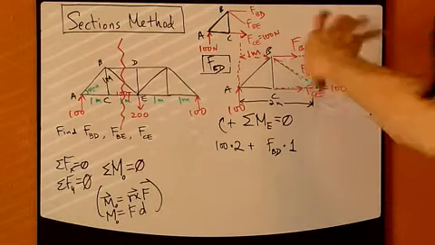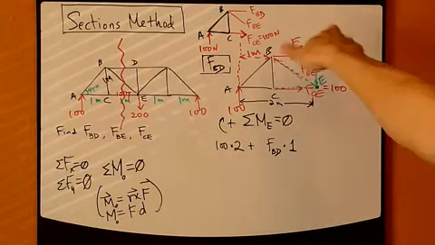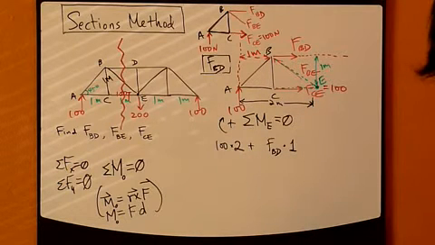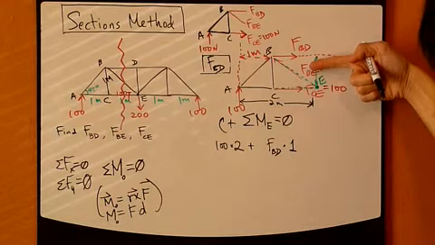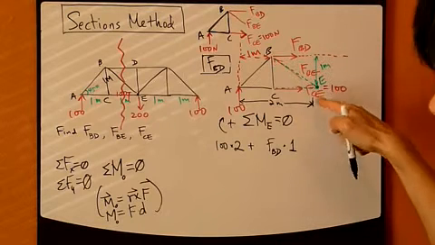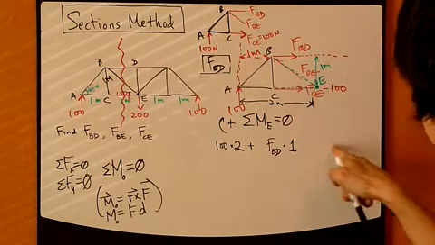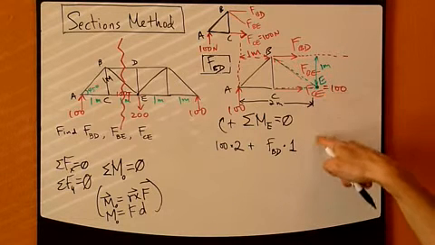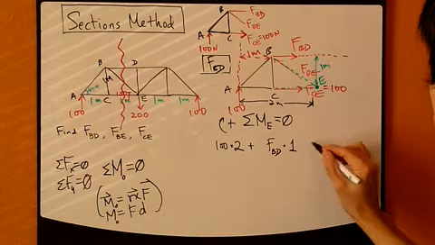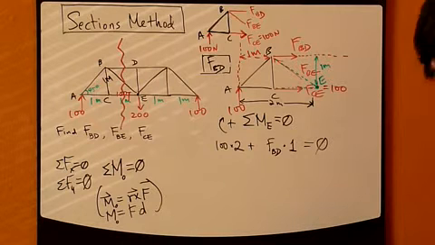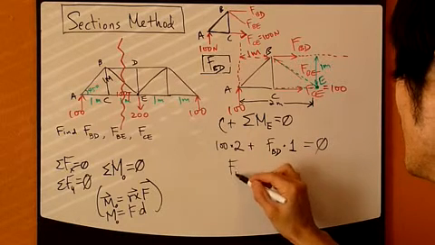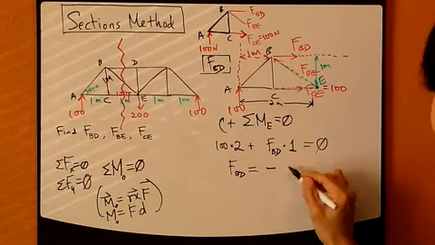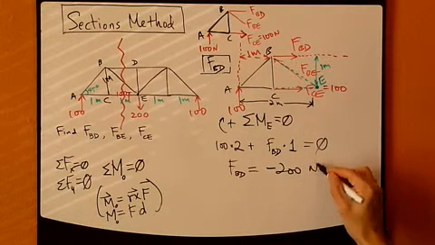FBD about joint E will create a positive moment, a clockwise moment. So it remains positive. Keep going. FBE passes through joint E, so it disappears from this equation. FBE creates no moment about joint E. The same goes for CE. So that's it, equals 0. Crunch numbers. So FBD equals, move this guy over, negative 200 newtons.